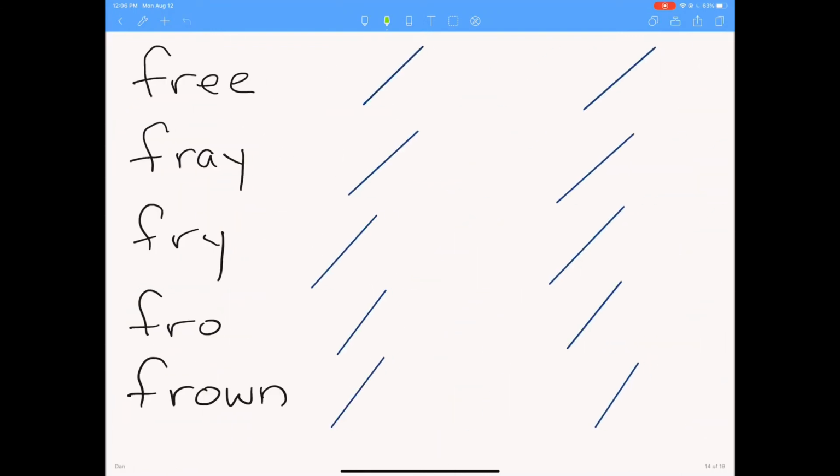So I'll transcribe a couple words real quick for you. When you have a word and you only change one sound out between it, like free and fray, that's called a minimal pair, because you're only changing one phonetic sound. Fry, fro. So we have a whole bunch of them. So free, F-R-E.